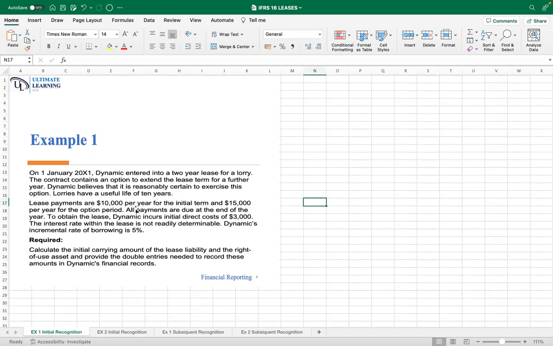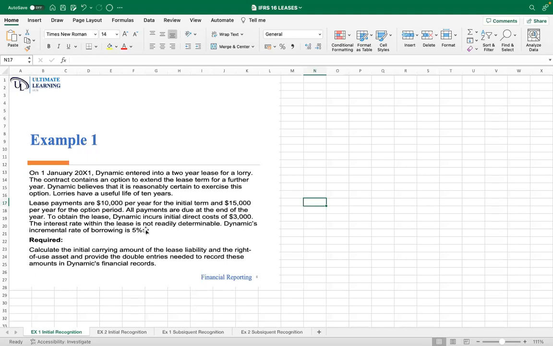Lease payments are 10,000 per year for the initial term and 15,000 per year for the option period. All payments are due at the end of the year. To obtain the lease, Dynamic incurs initial direct costs of 3,000.